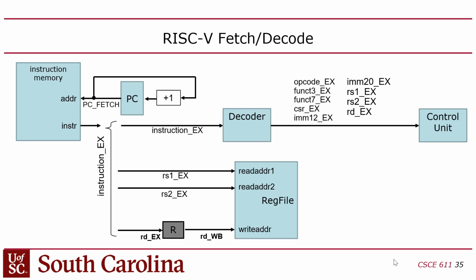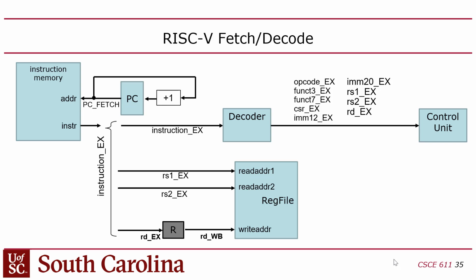Do you guys follow that? So, for example, you would just say assign immediate_EX, and then just set it equal to the instruction_EX, and then the immediate bits, which is 31 down to 20, I think. Something like that, right?